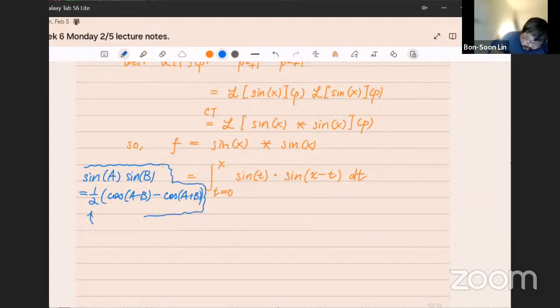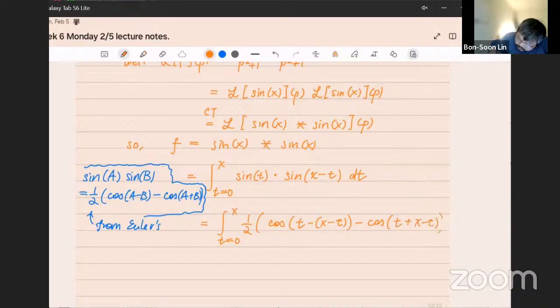You can derive it from Euler. So, say we believe this. Say we remember that. This is the integral from 0 to x of 1/2 cosine of (A minus B), which is t minus (x minus t), minus cosine of (A plus B) dt.